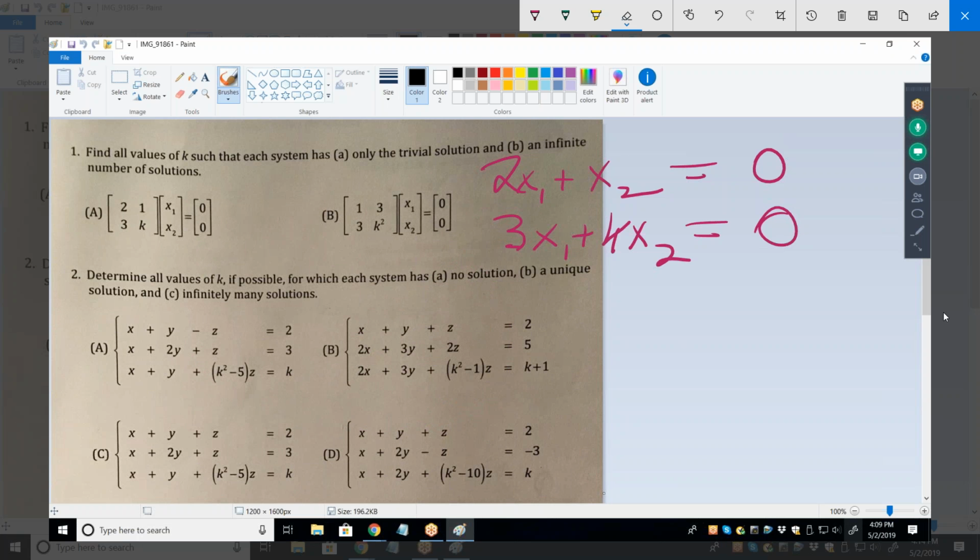Hold on a minute. Let's see if we can solve for the trivial solution.